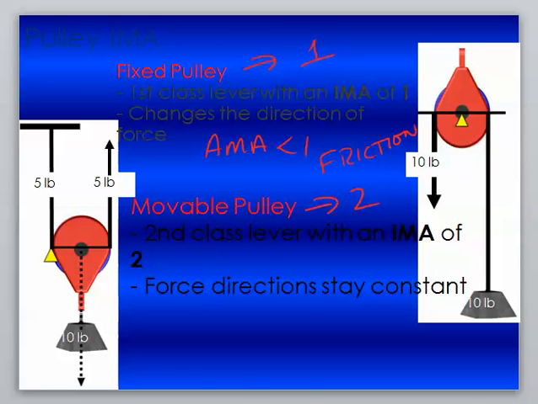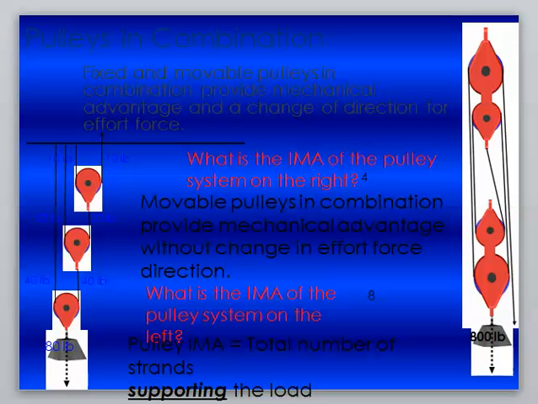Now, the last thing I want to go over is how we would talk about pulleys in combination. What kind of ideal mechanical advantage do we get? Up here at the top, notice that both of these are fastened at the top, so realistically, these are both what we call fixed. So this has an ideal mechanical advantage of 1, and that has an ideal mechanical advantage of 1.